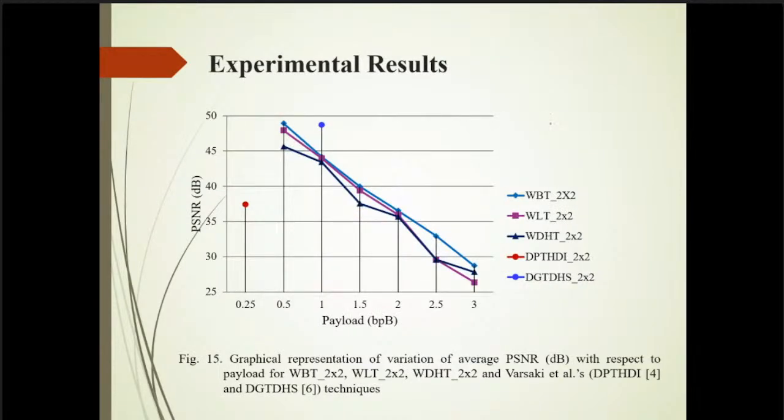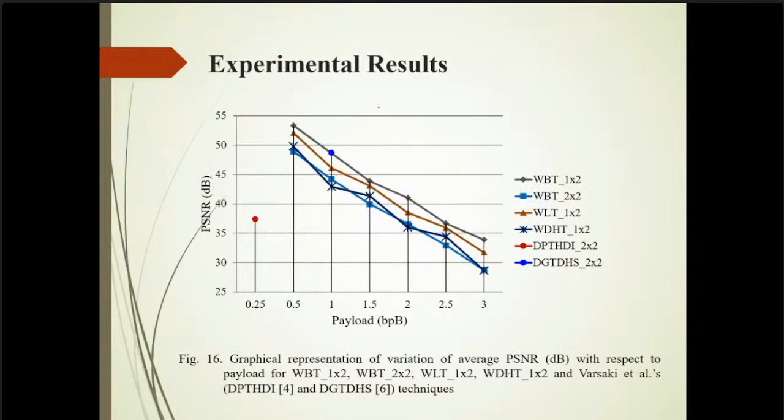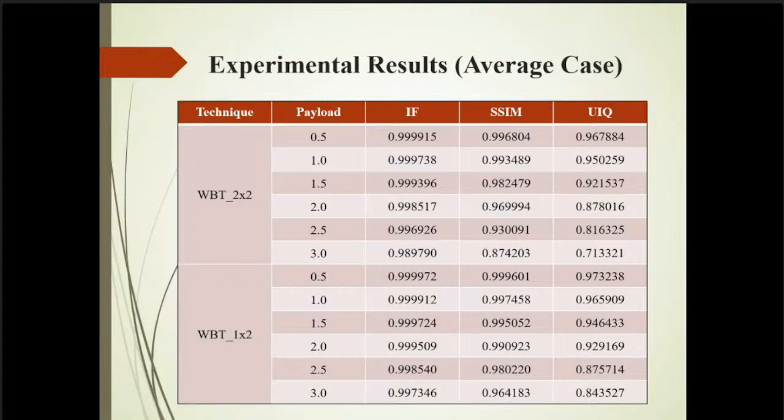And this is the graphical representation of the variation of average PSNR. Whatever average PSNR we computed for the various 5 images, we took the average, and these are the values. These are the 1x2 window, and these are the payloads.